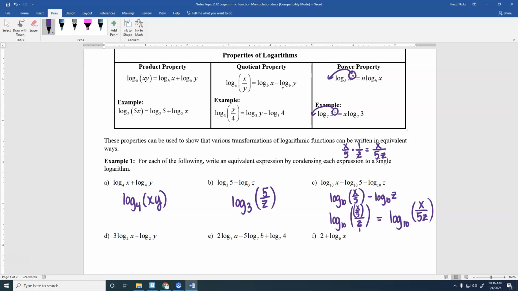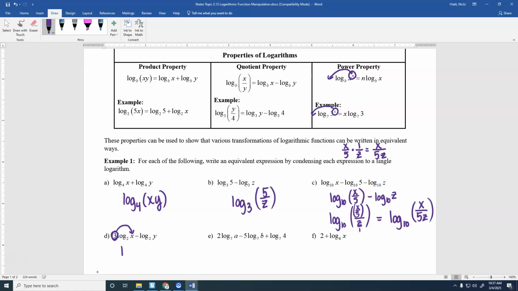Okay. D is going to be a little bit different. It's division again, but I have got this 3 out front. You cannot combine a 3 times a log base 2 and a log base 2 together if they have different variables inside of them. So what you've got to do right here is pull that 3 back in as an exponent, right? Because that coefficient is your exponent.